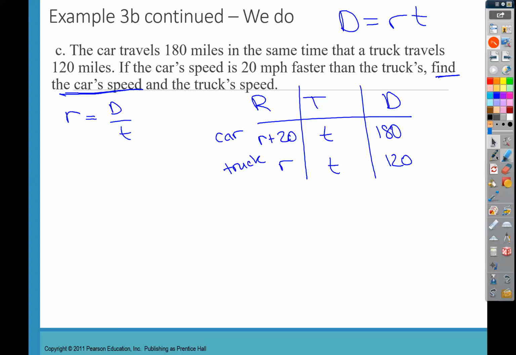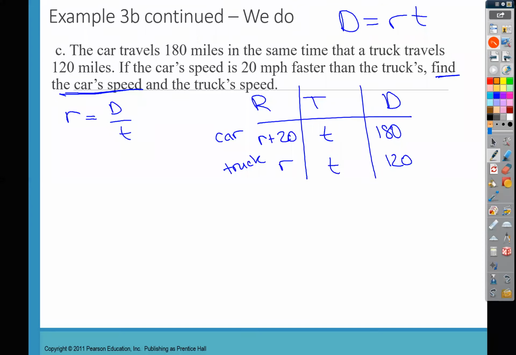Now, what I just noticed is that while this is true, that rate does equal distance over time, since my times are the same, that's what I want to set up. So the time is the same. So if I isolate the t over here, that equals distance over rate. So I'm actually going to use this equation, okay?